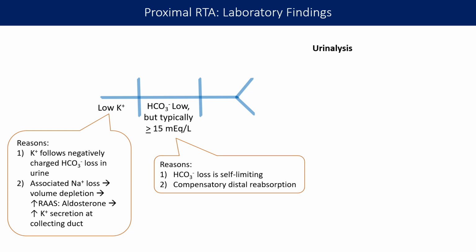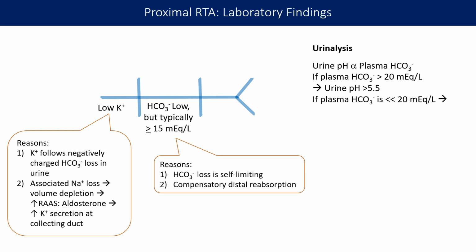On urine analysis, urine pH reflects plasma bicarbonate concentration because this determines the amount of bicarbonate that can be filtered and lost in the urine. If we measure the urine pH while infusing bicarbonate into the patient to achieve a bicarbonate level greater than 20, the urine pH will be high, or greater than 5.5.